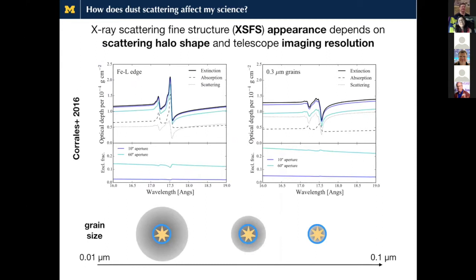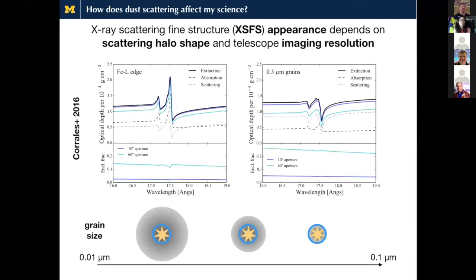And then of course, this fine structure, which I'm starting to label X-ray scattering fine structure because it's just faster to talk about. The appearance of the scattering fine structure also depends on your scattering halo shape and telescope imaging resolution. To demonstrate that, on the left, I show the iron L shell that you saw before, which is computed with an MRN distribution.